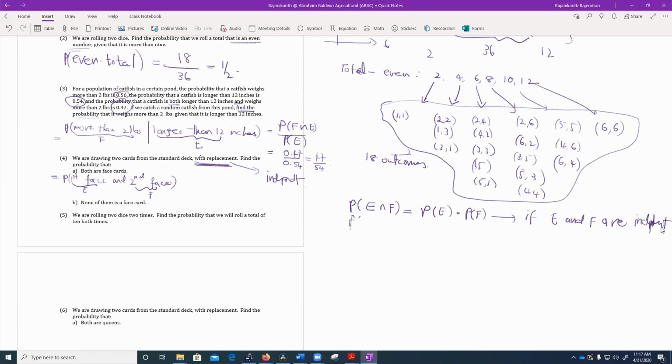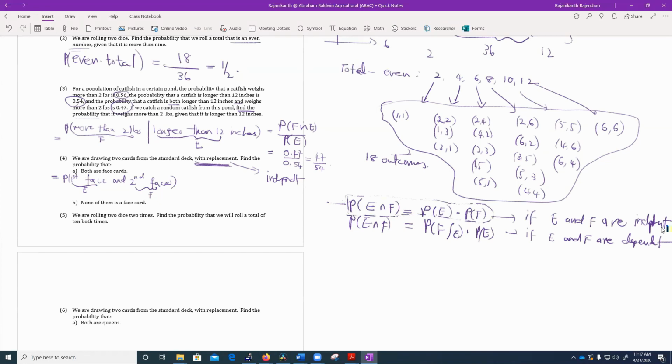Remember we had one more formula for "and," the conditional probability formula, which is used when E and F are not independent. But in our case, this problem is about independence, so I'm using the first formula.